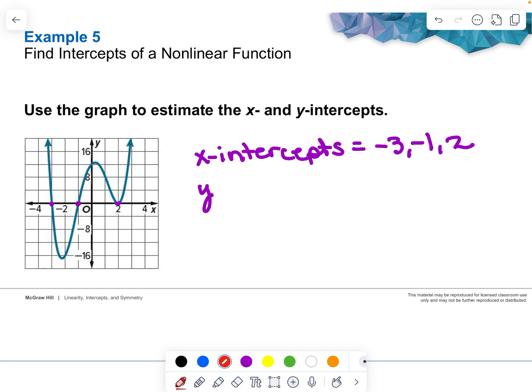It looks like it only crosses the y 1 time. So our y-intercept is at approximately halfway between 8 and 16. We have to figure out what scale they're using. So halfway between 8 and 16 would be approximately 12.